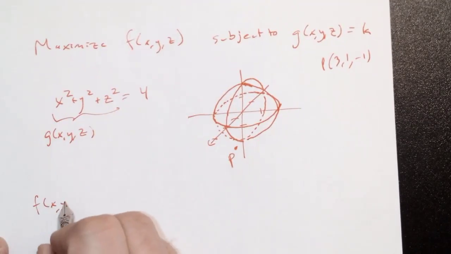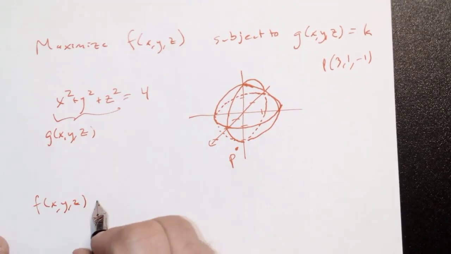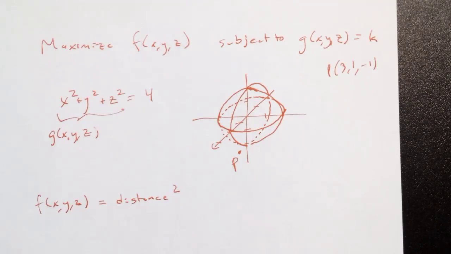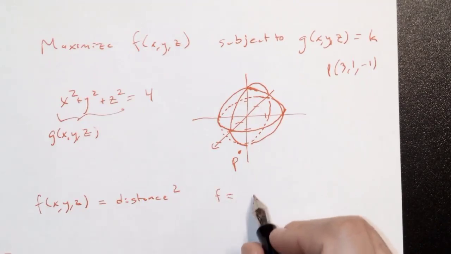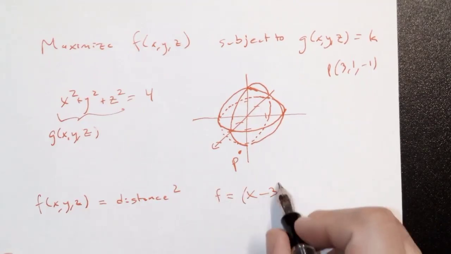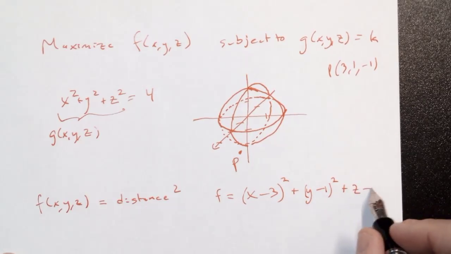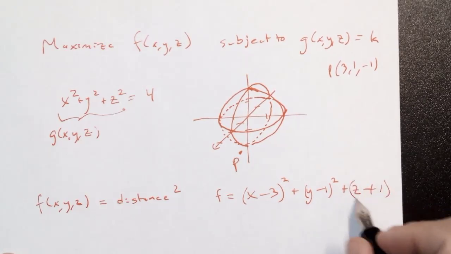F of x, y, z is the distance squared. So that is x minus 3 squared plus y minus 1 squared plus z plus 1 squared.